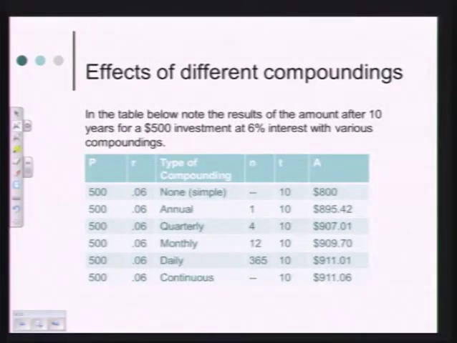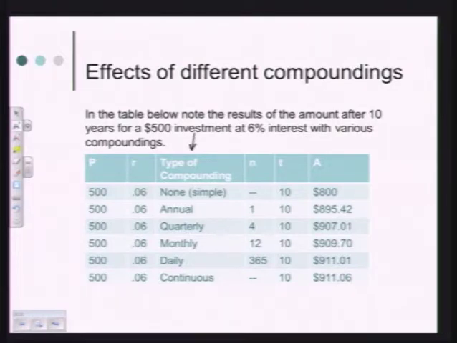So in summary, we can look at a couple of effects of compound interest. In the table below, note the results of the amount after 10 years for a $500 investment at 6%. So in other words, it's always $500, 6% for 10 years. What's changing is the type of compounding.